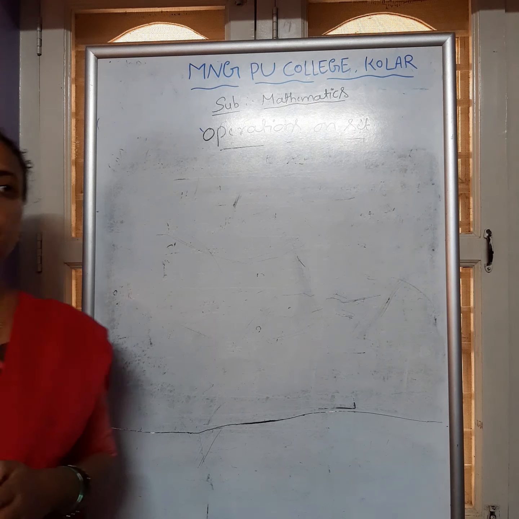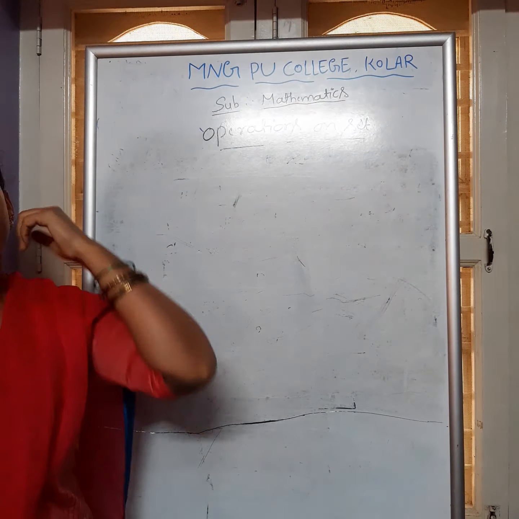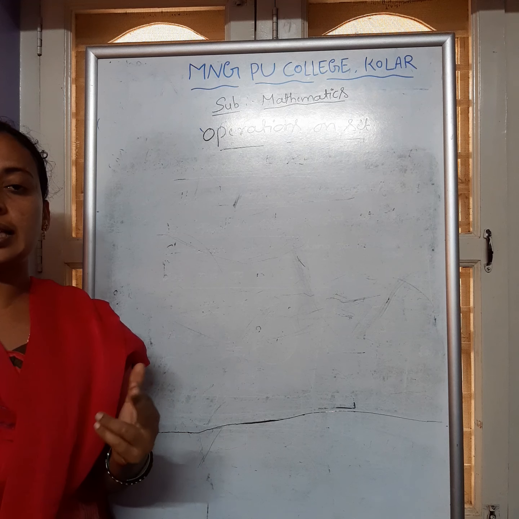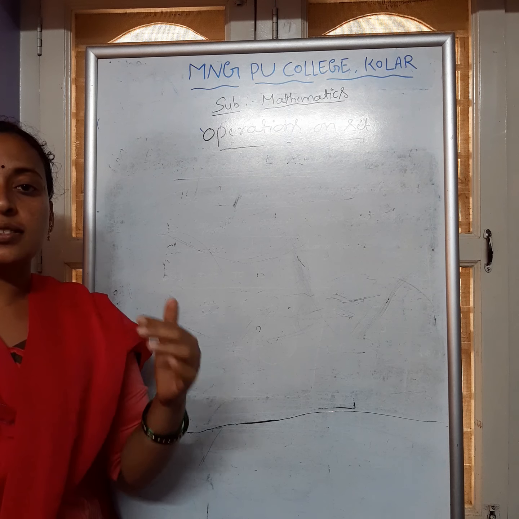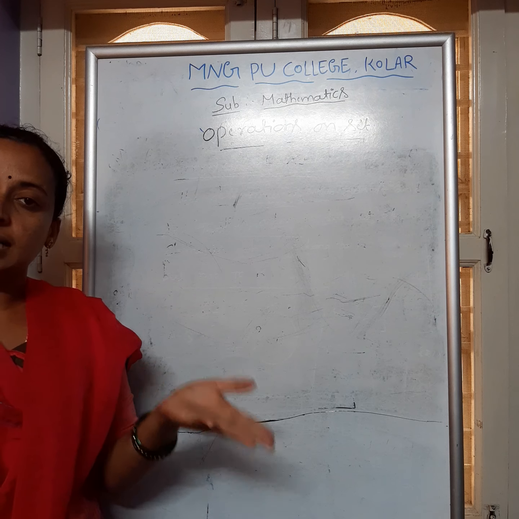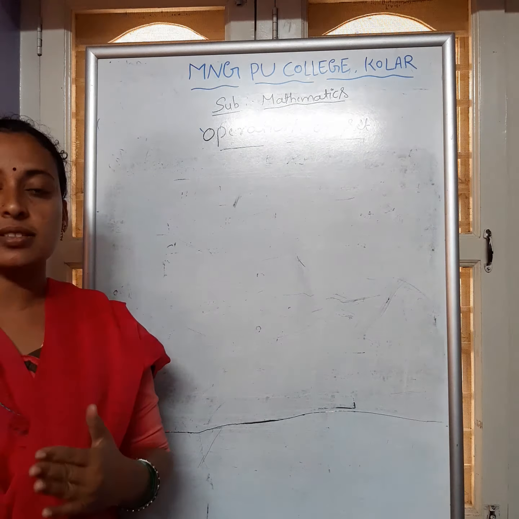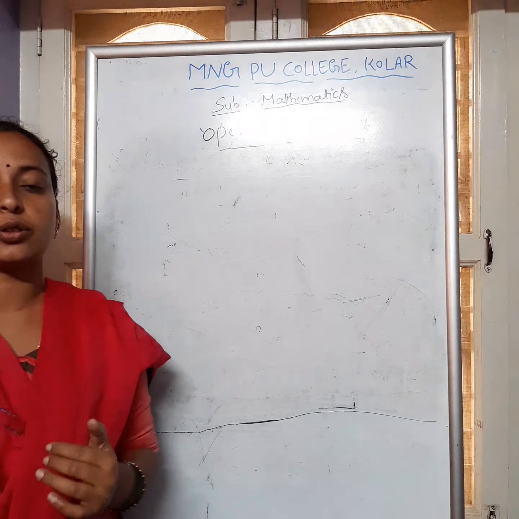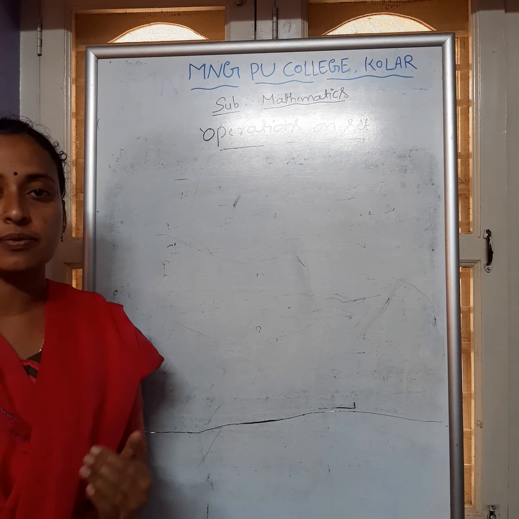Once again, I am repeating the definition of these three. The union of two sets A and B is the set C which consists of all those elements which are either in A or in B. This is the union of sets. And what is the definition of the intersection of sets?